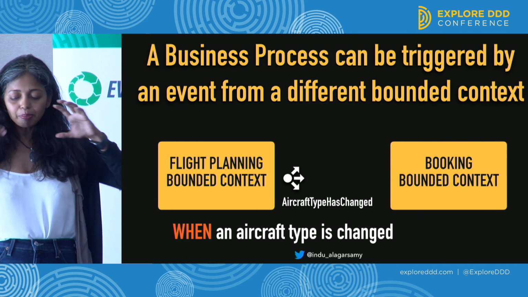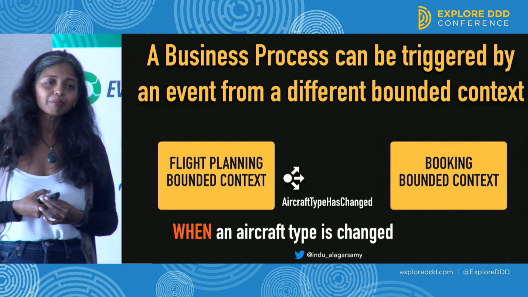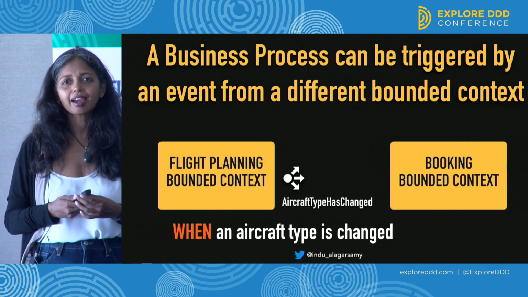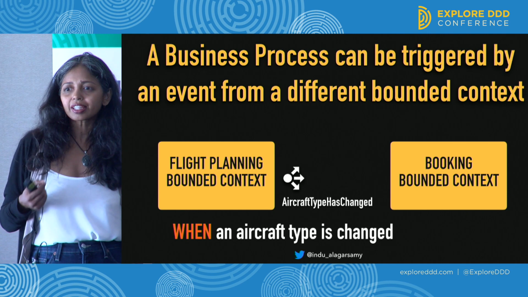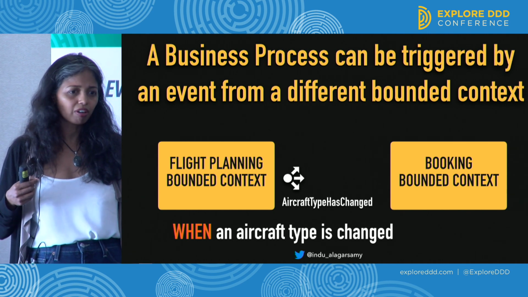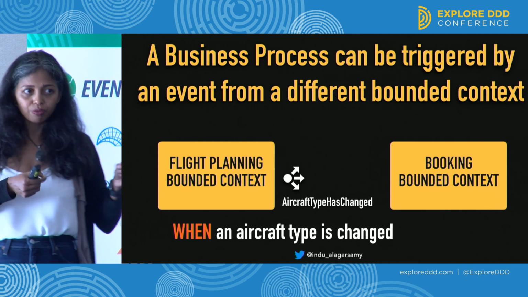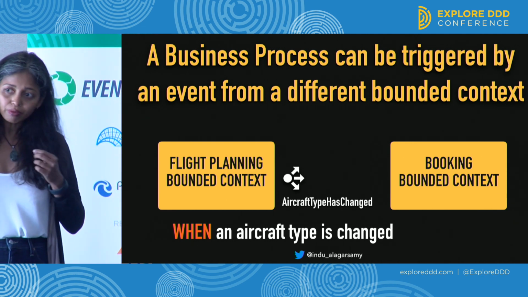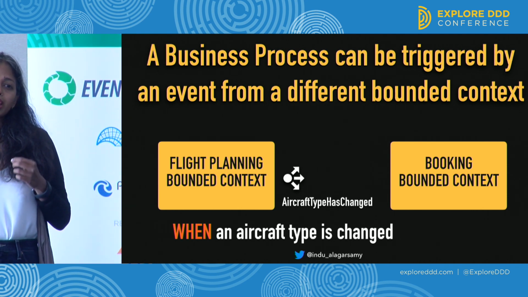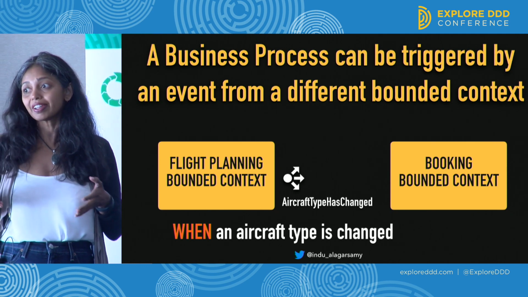So when a bounded context publishes events, I used to call them public events, but somebody had a better name for this: integration events. You could think of these public events or integration events as special events that go from one bounded context to many bounded contexts. So when we know that, we have to be very, very intentional about what we put in those events.